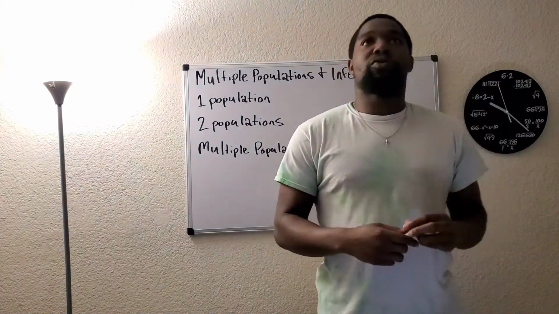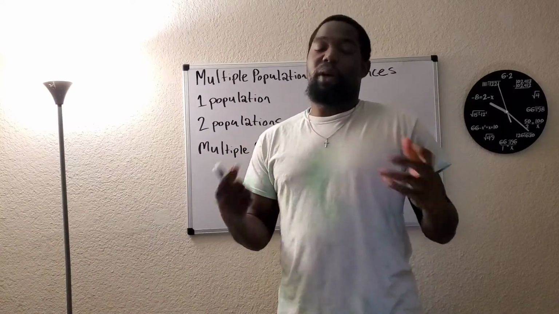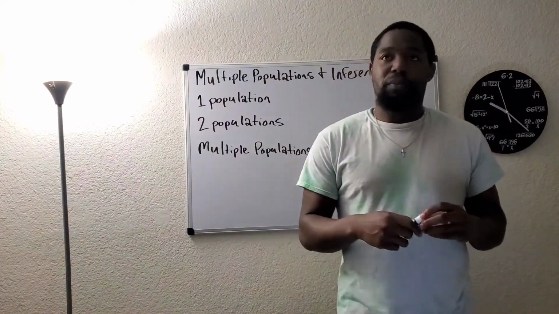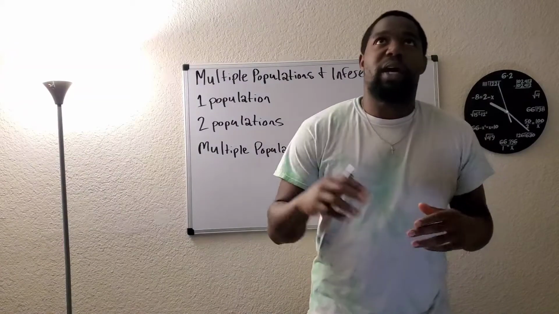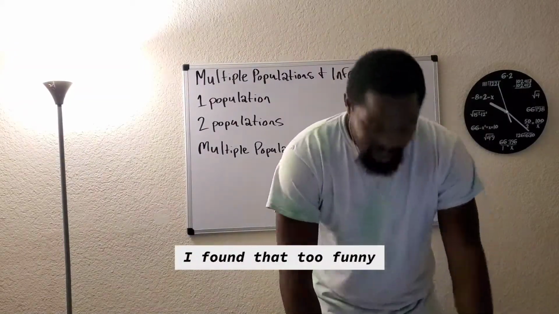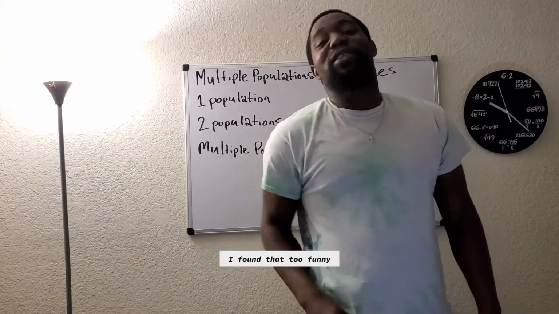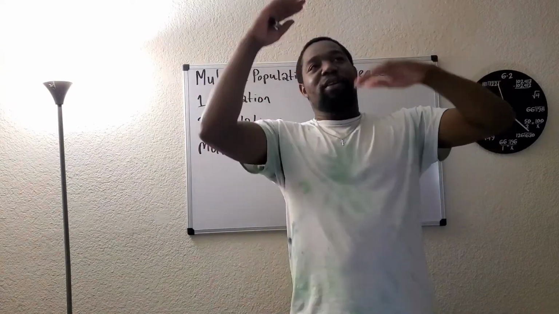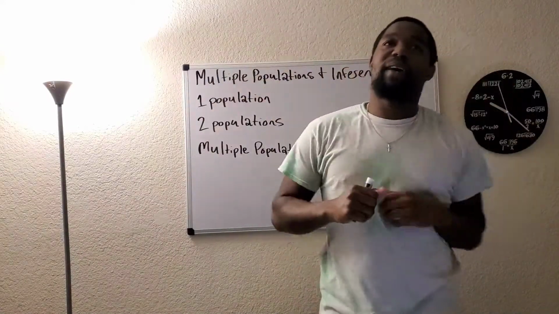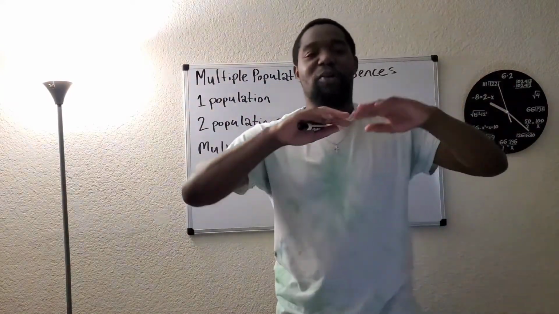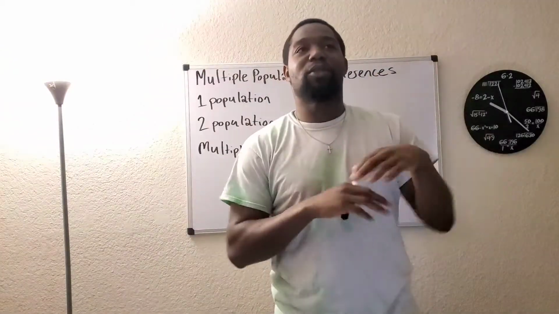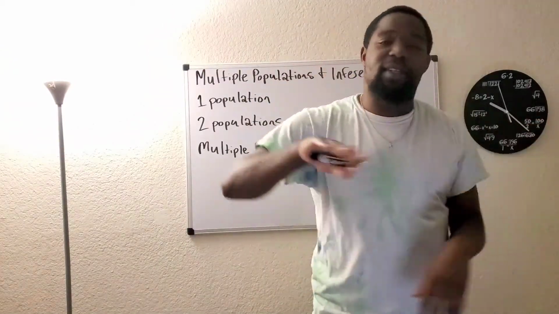So if we went back to our first example about the average height of the athletes in your school, this time we're going to go with not just the athletes, but 2 classes, the athletes and the non-athletes.